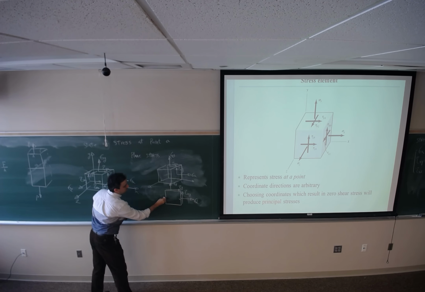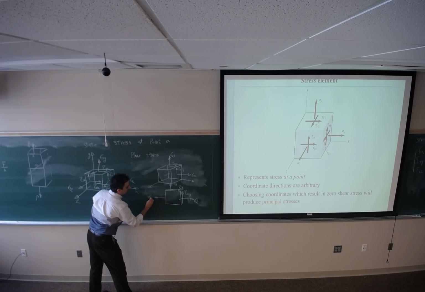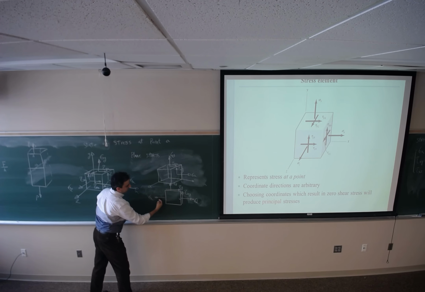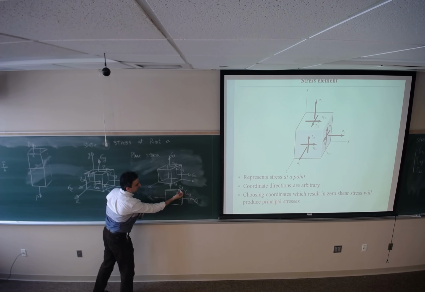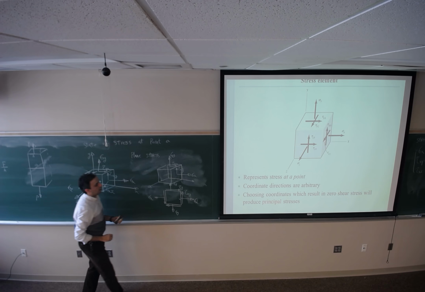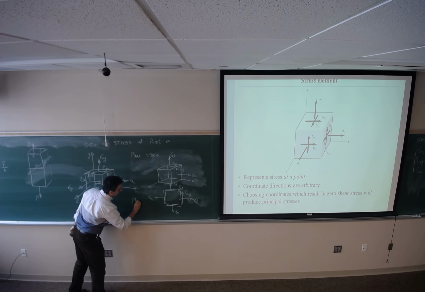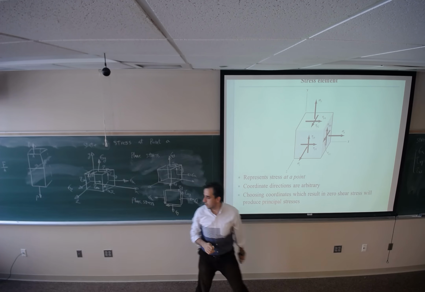So if you want to finish it, if you have sigma x here, you should have another sigma x in the opposite direction. If you have tau xy here, you should have the arrow pointing down. Same thing here, sigma y going down, and when it goes this way, tau xy should go this way. So this is the plane stress, if you don't want to work with a cube.